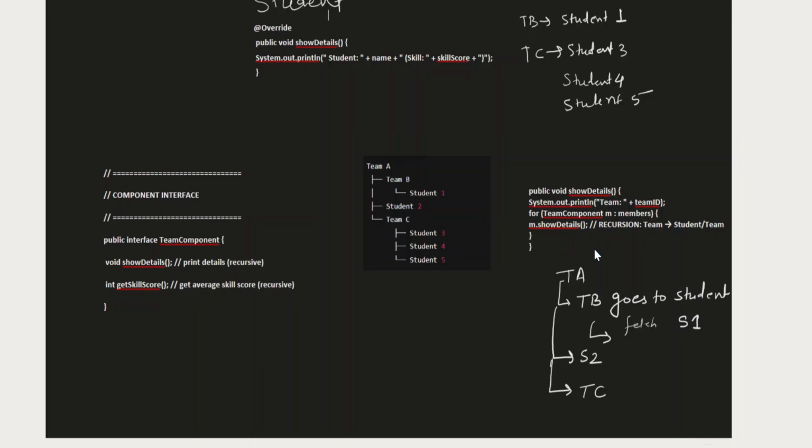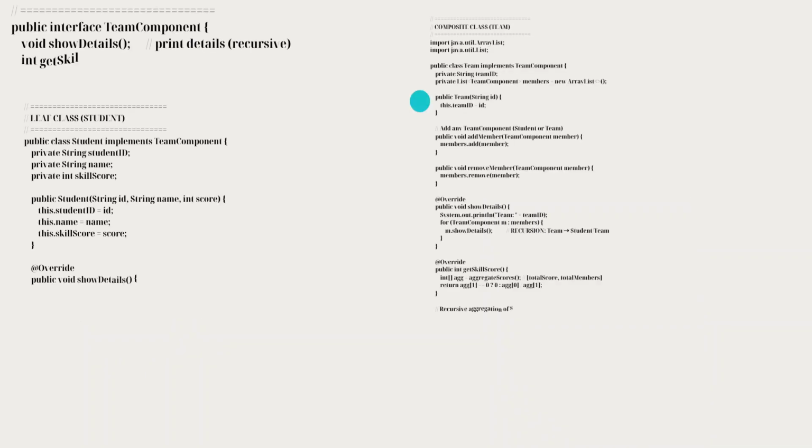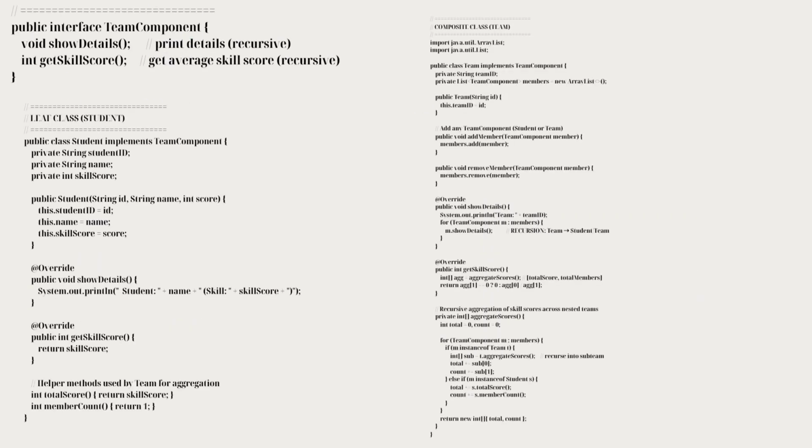So m dot show details is part of this component. Here we have this component, so it is part of this component. So m dot show details will call this component, and this component's show details will be invoked here.